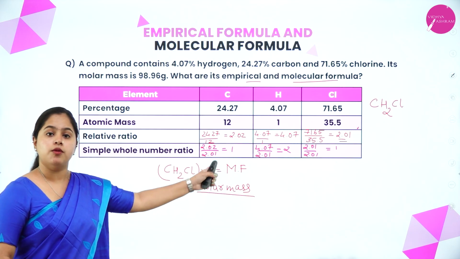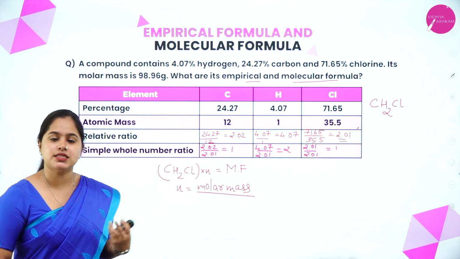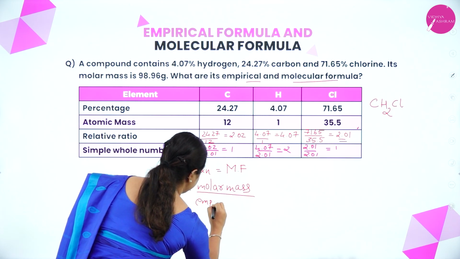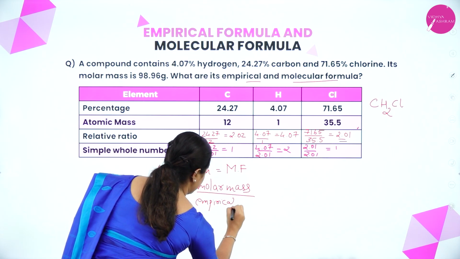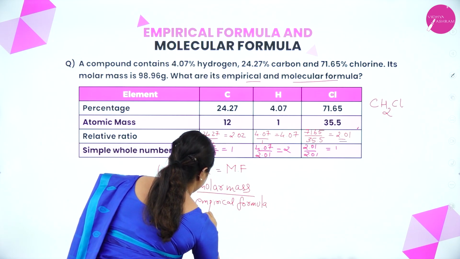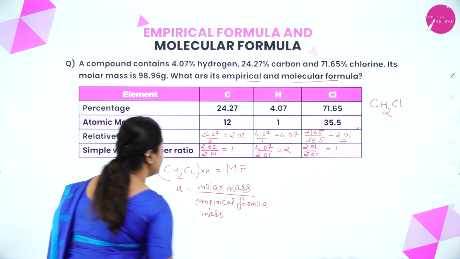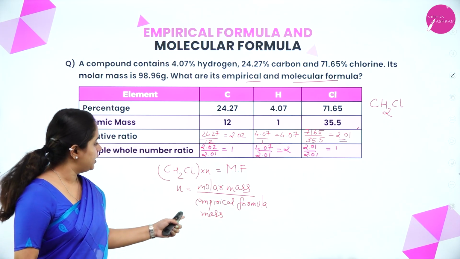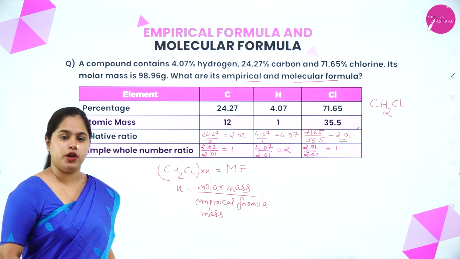That is, the mass that you can obtain from the molecular formula divided by your empirical formula mass. So your N will be the molecular formula mass, that is molar mass itself, divided by empirical formula mass.